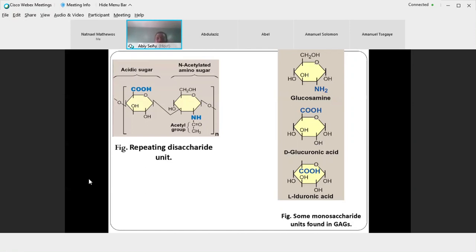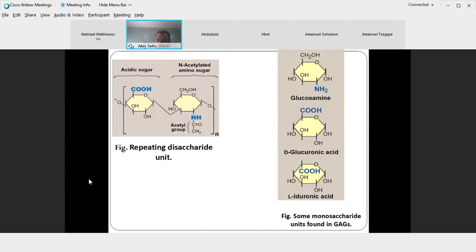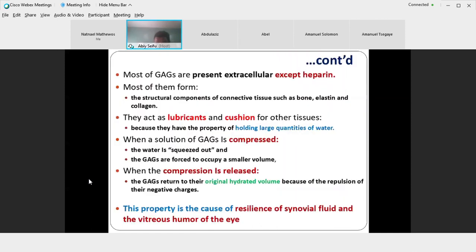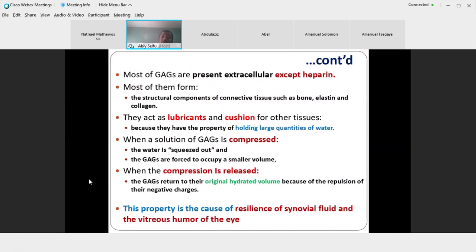The amino sugar may be acetylated. And here most GAGs are present extracellularly, except heparin. Heparin is not found extracellularly. It's an intracellular heteropolysaccharide. This makes heparin unique from the rest of the GAGs.